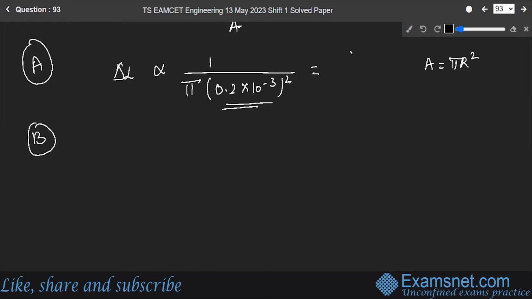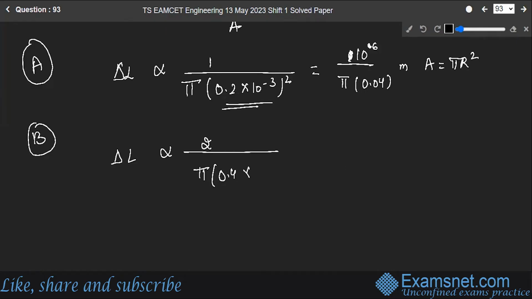This will be equal to 1 upon pi into 0.04, and this will be 10 raised to power 6 per meter. And for wire B, you have change in length directly proportional to length, which is equal to 2. Area is pi into 0.4 into 10 raised to power minus 3, square. So this will be equal to 2 upon pi into 0.16.